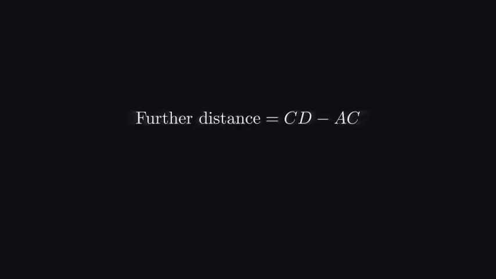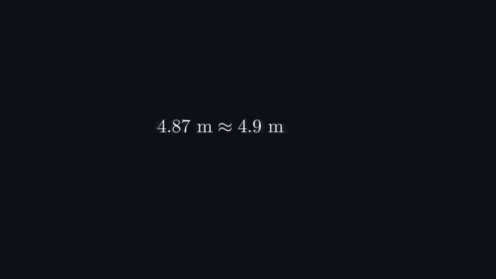Further distance equals CD minus AC. So this simplifies to equals 11.87 meters minus 7 meters, which equals 4.87 meters, or 4.9 meters to two significant figures.